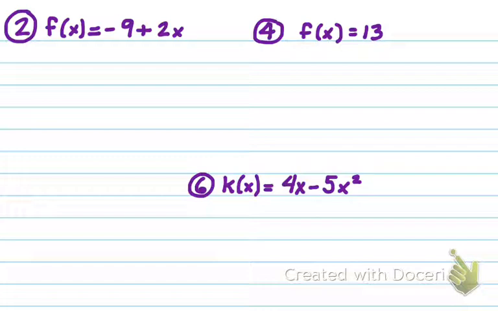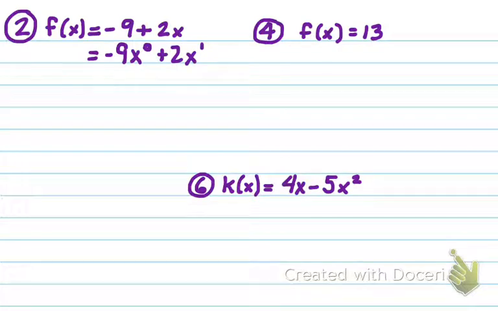And when we look at number 2, remember the requirement to be a polynomial is that the exponents of each term must be non-negative integers, which allows us to include zero. So negative 9 we could think of as negative 9 x to the 0, and obviously the 2x we could think of as 2x to the 1.